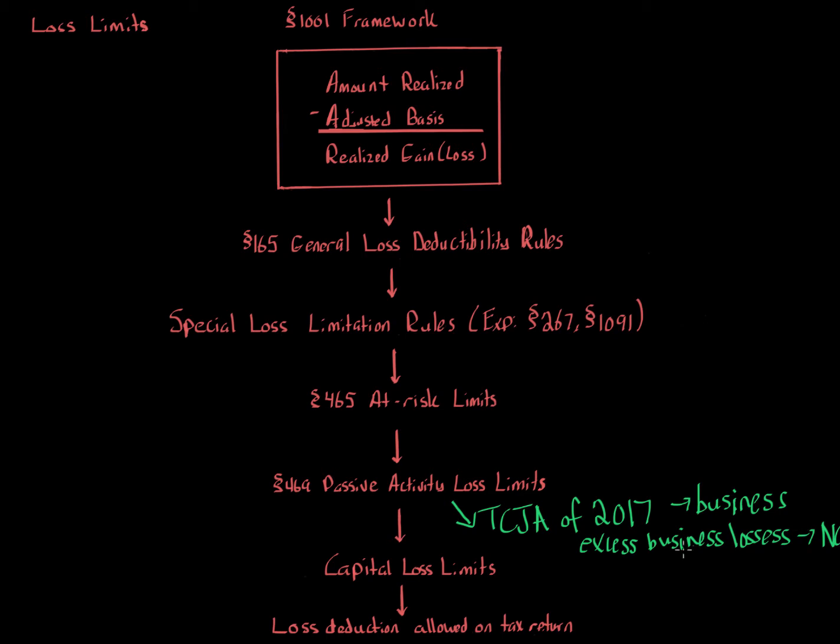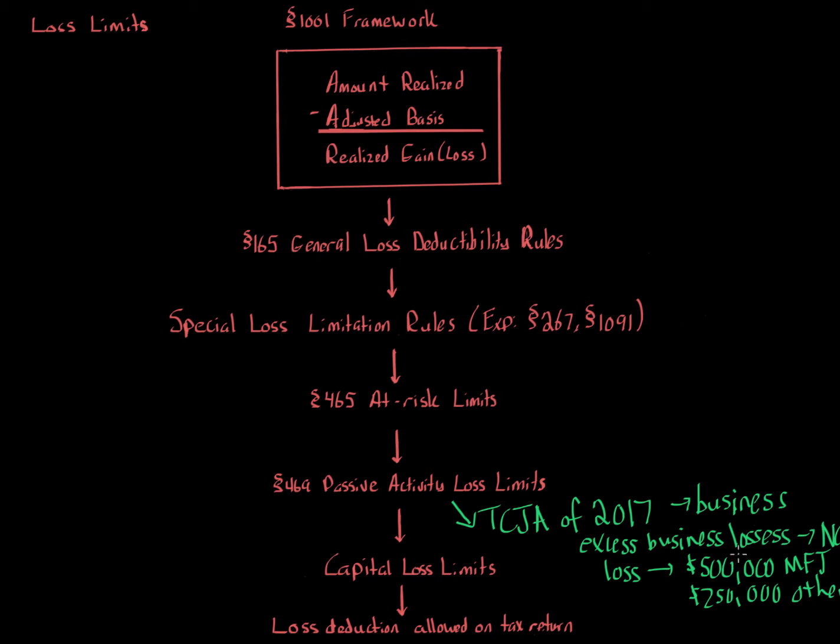Now, an excess business loss is a loss that is in excess of $500,000 if you're married filing joint, or $250,000 for all other taxpayers. So really, you can only take a loss from a business activity of up to $500,000 if you're married filing joint, $250,000 if you're another type of taxpayer.